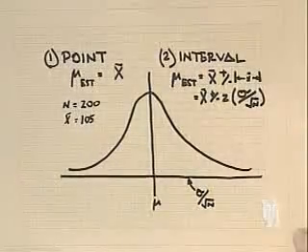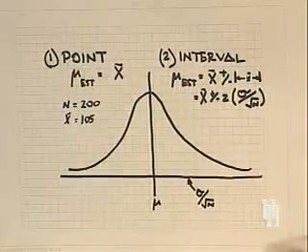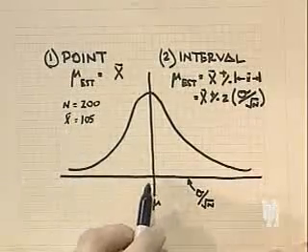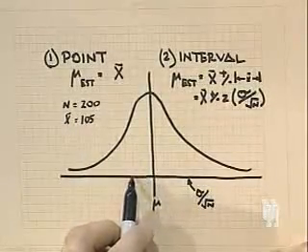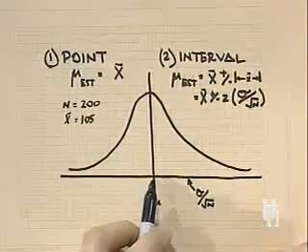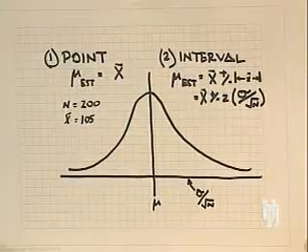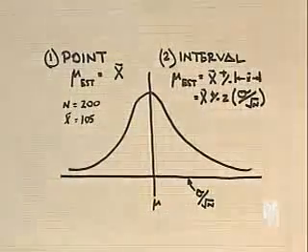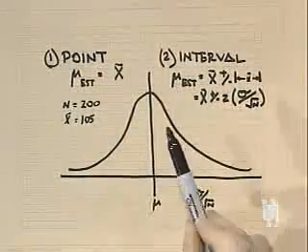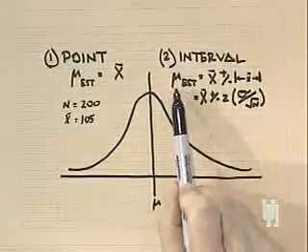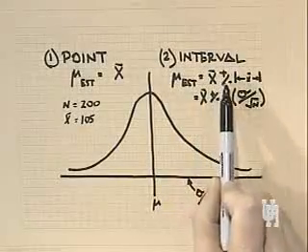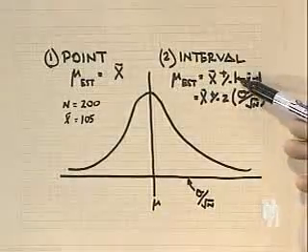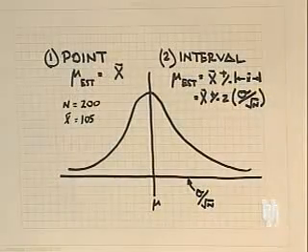It's clearly much more likely, the probability is much higher, that this particular X bar will be some distance removed from the center of the distribution. So we then talked about interval estimation, and interval estimation takes the form, the estimate of mu equals X bar plus or minus some range of scores that center around X bar.